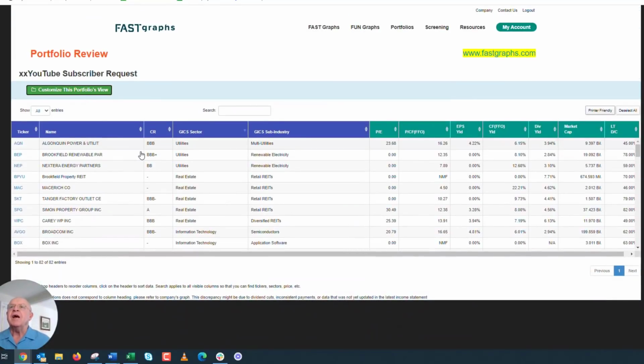So what I've done is I've got the name of the company, its credit rating, which I think is important, the GIC sector, the sub-industry sector so that we drill down a little bit on what the actual business is, the price-earnings ratio, if any, that it's trading at, and then the price to cash flow, if any, that it's trading at. And then, of course, the all-important earnings yield, cash flow yield, dividend yield, if they pay one, and then the market cap and the long-term debt to capital. These are just items that I think are important.